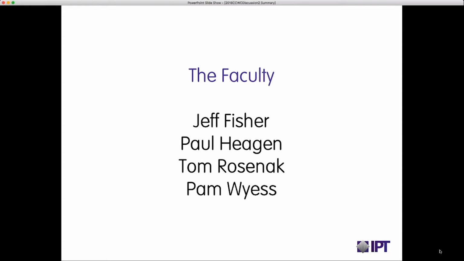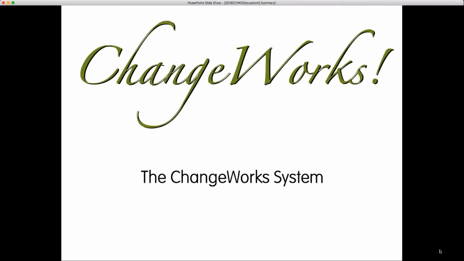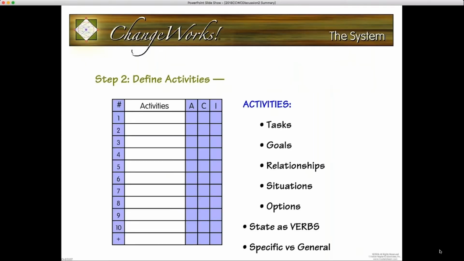Let's get started. I wanted to begin with a high-level overview of the system, just to give some context. And you'll be learning this in detail in future sessions. But basically, we're following a process as a structure for a meaningful conversation with our client.